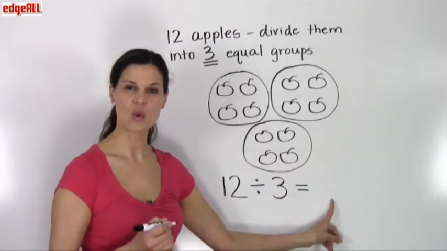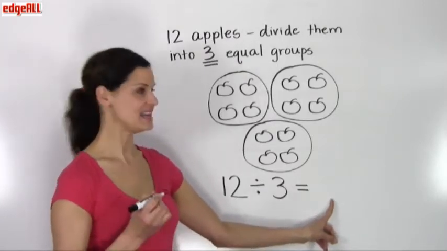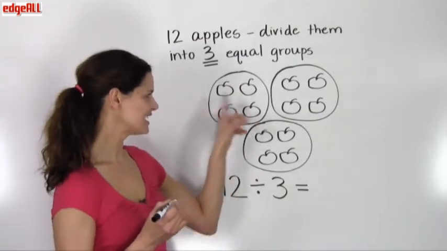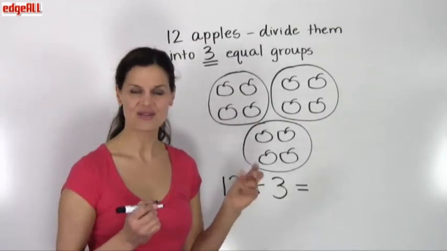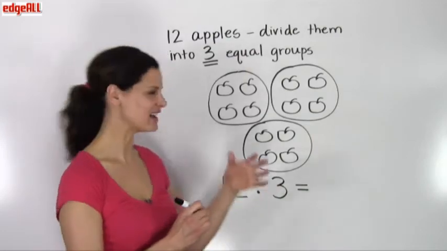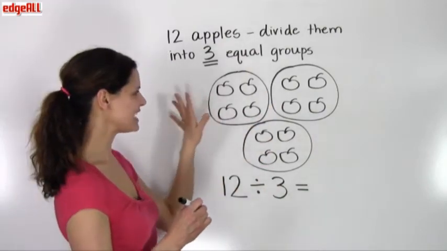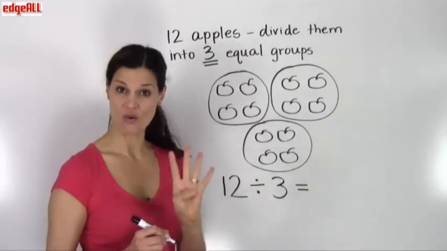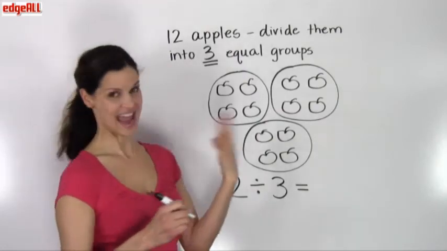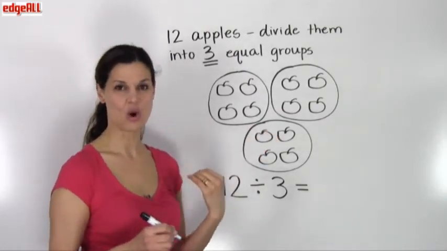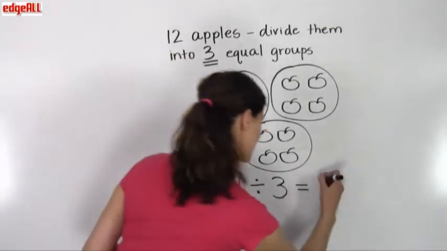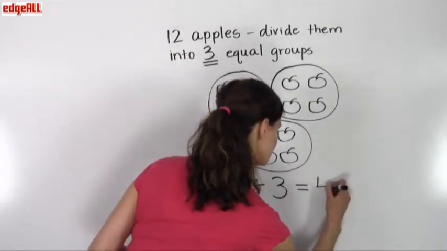And remember that the quotient is the number of objects that are in each of our smaller, divided groups. So we can see that in each of these groups we have 4 apples. So our answer to the division problem, or our quotient in this case, is 4.